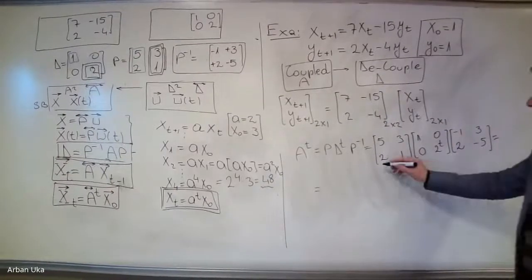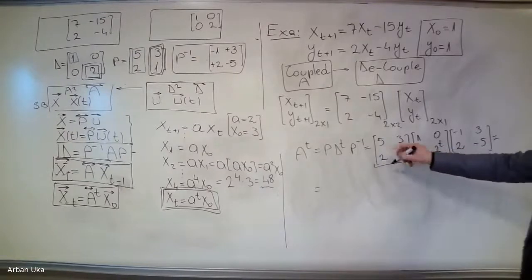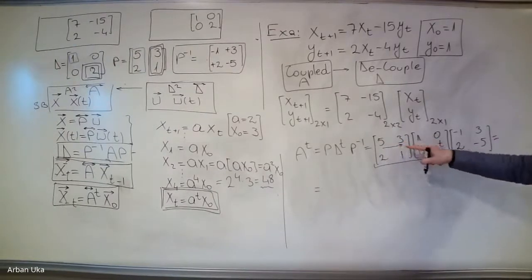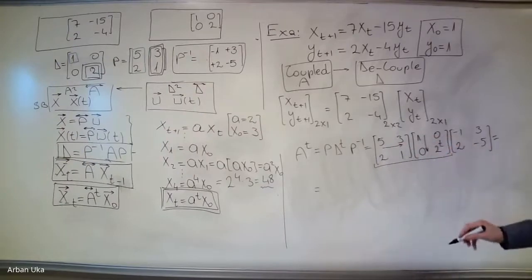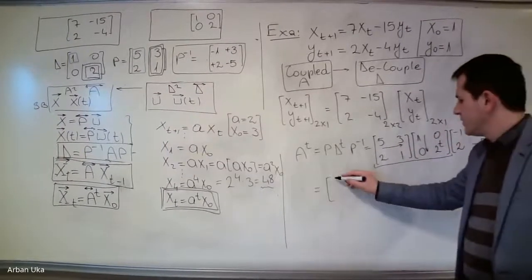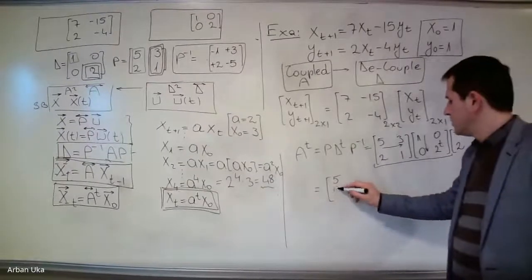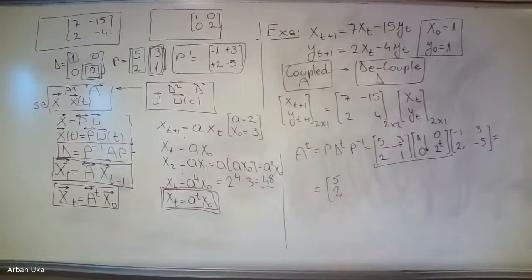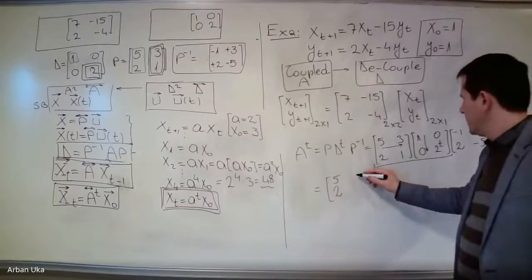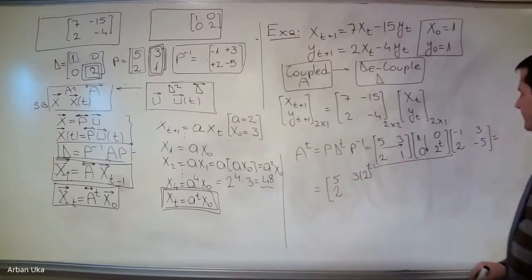So for the multiplication of these two terms, this would be equal to 5, 3, this row times the first column. What do we get? This is 5, and then this is equal to 2, then we have 3 times 2 to the power t.